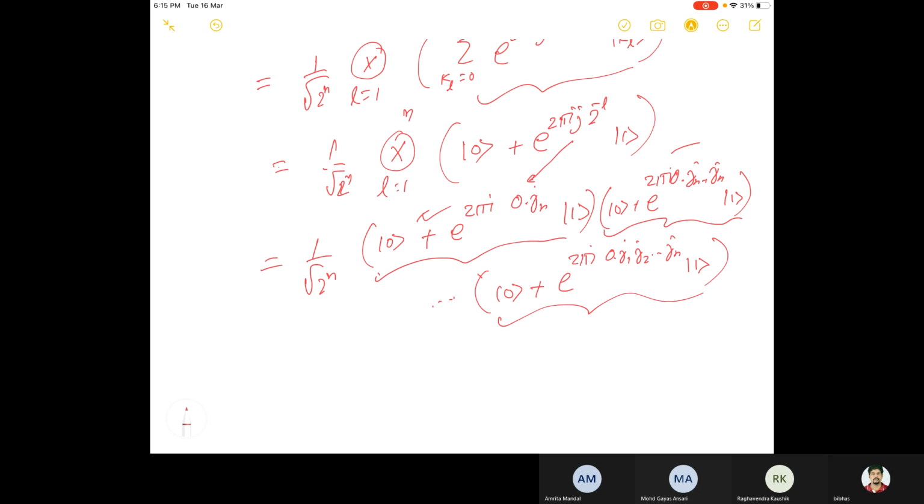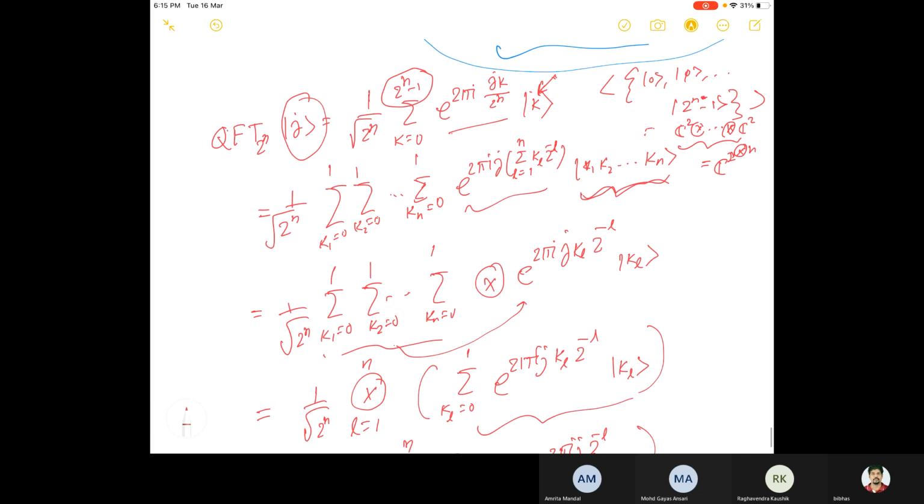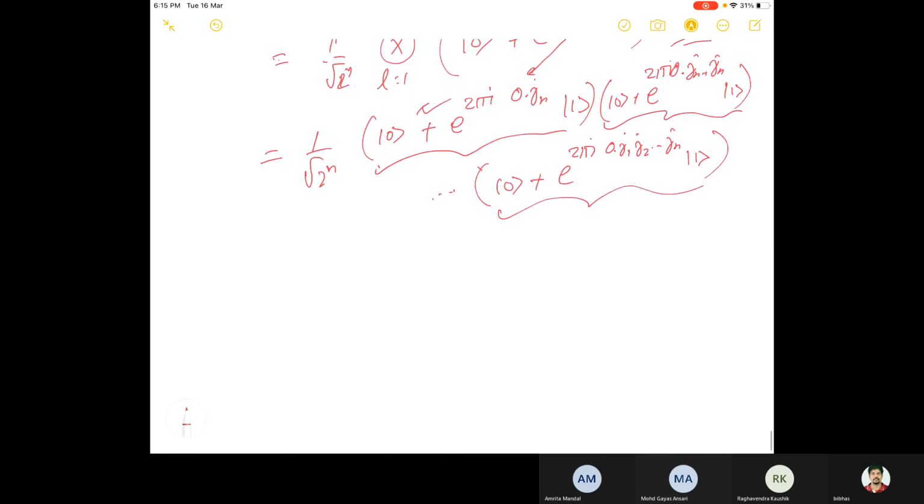So from this algebraic manipulation, we already know that the right hand side, the output of this QFT on j, is a product state. This is the product of these qubits. So this is not entangled. This is a separable state.